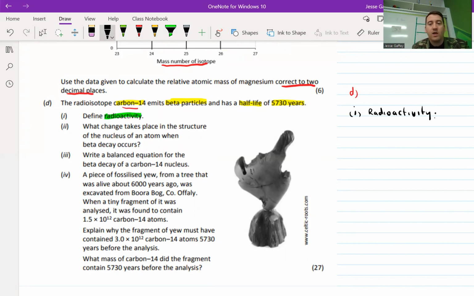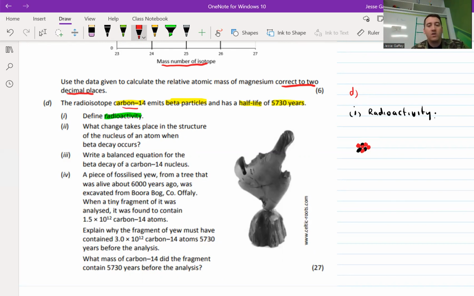All right, if you're struggling here, think about what happens in radioactivity. In radioactivity, we have a nucleus that is unstable. So there is an uneven or an unusual amount of neutrons compared to protons. So some elements have a strange amount of neutrons. They have an isotope that has extra neutrons, and that makes them slightly unstable.